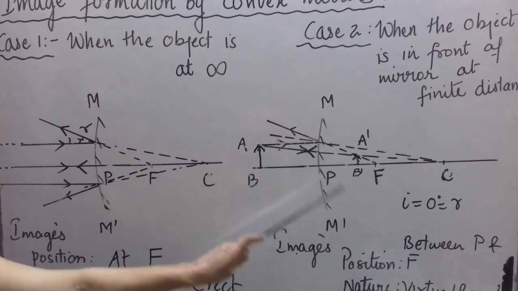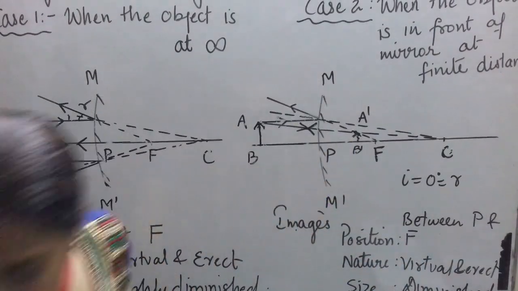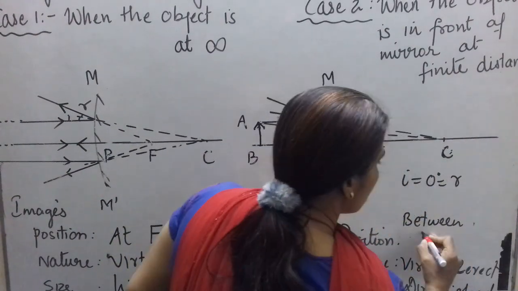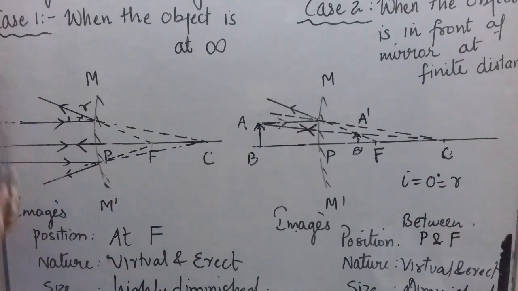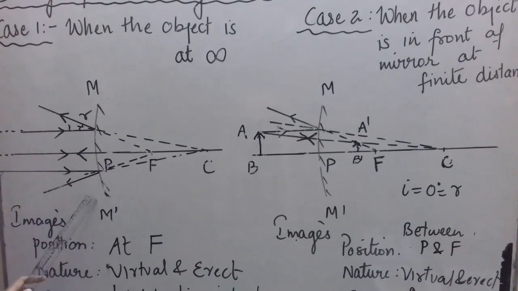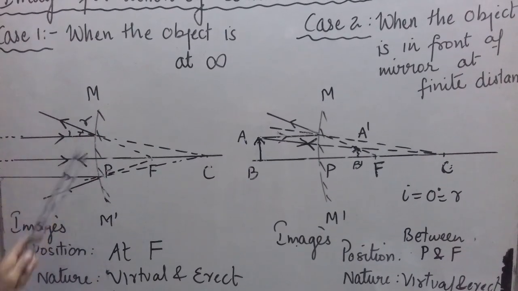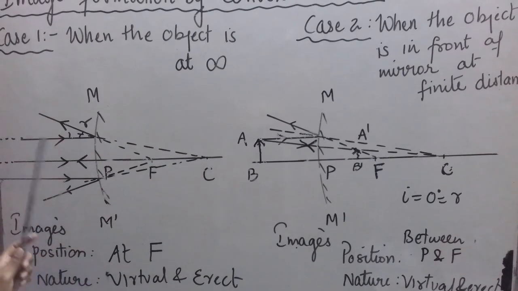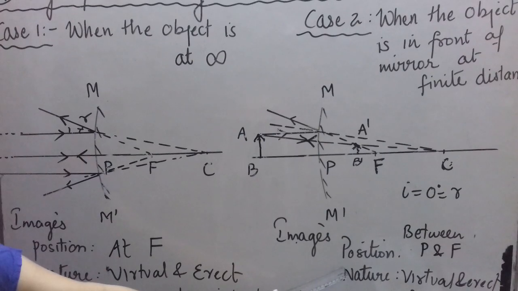Okay, so the image is always formed between P and F. In case of convex mirror, what is a convex mirror? A spherical mirror whose reflecting surface is curved outwards. In case of convex mirror, we see that only virtual image is formed. In both the cases, virtual image is there.